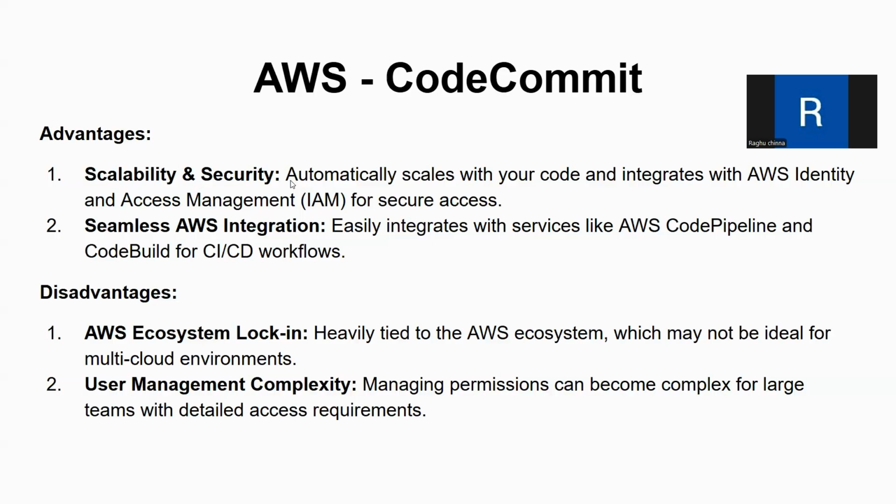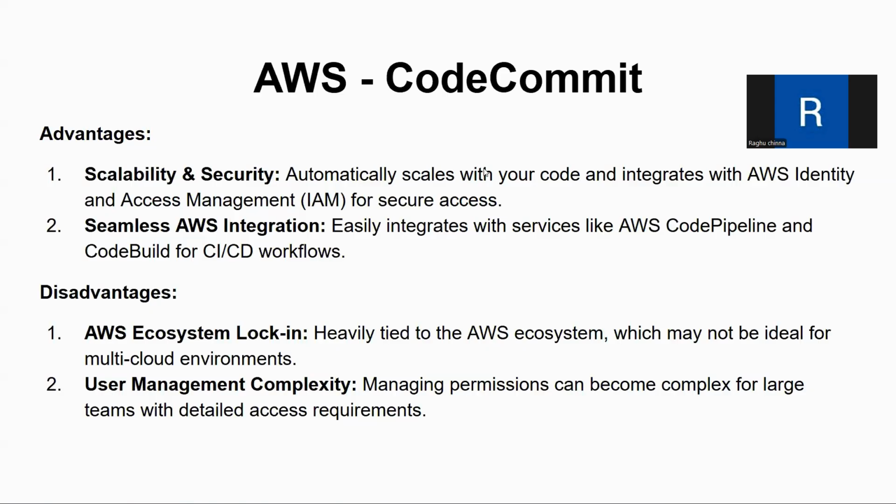But for larger applications, they will be using multi-cloud, hybrid models, and on-premises. All these things will be there, and there will be multiple teams handling the complete application, with multiple microservices.